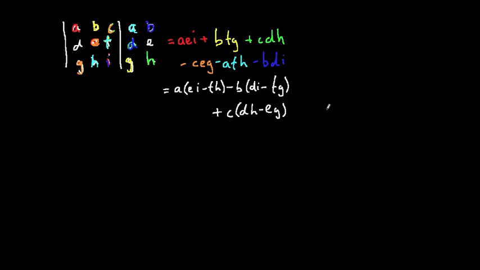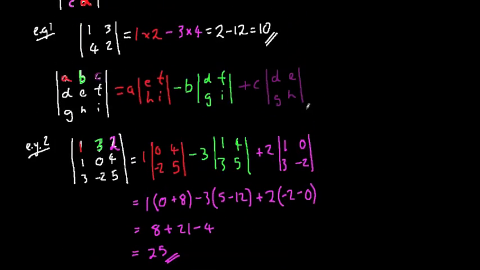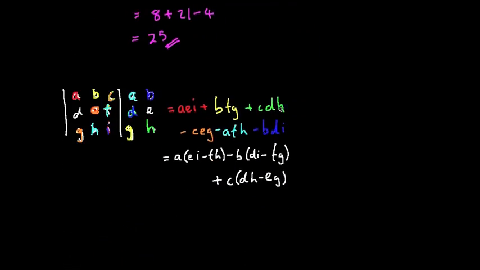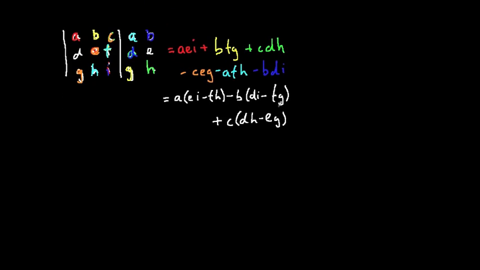And if I just scroll up a bit, you can see this is exactly the same as what we got up here. So EI minus FH is multiplied by A, DI minus FG is multiplied by B, and DH minus EG multiplied by C. So that gives you exactly the same value for the determinant.